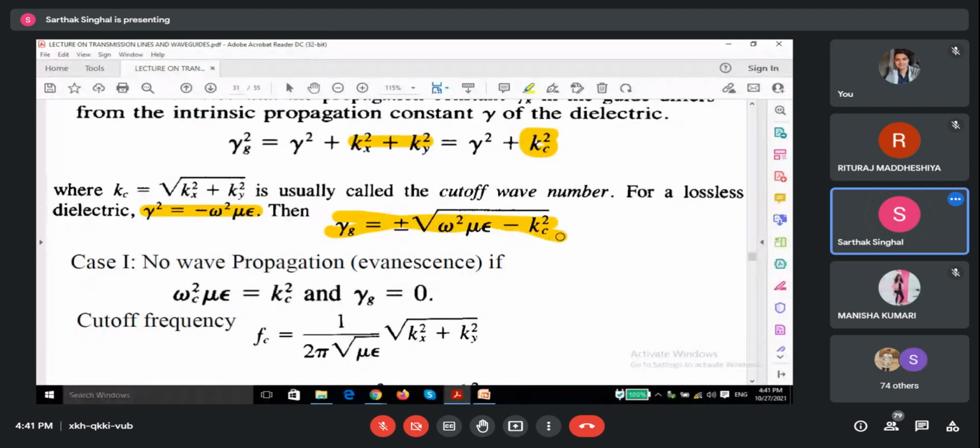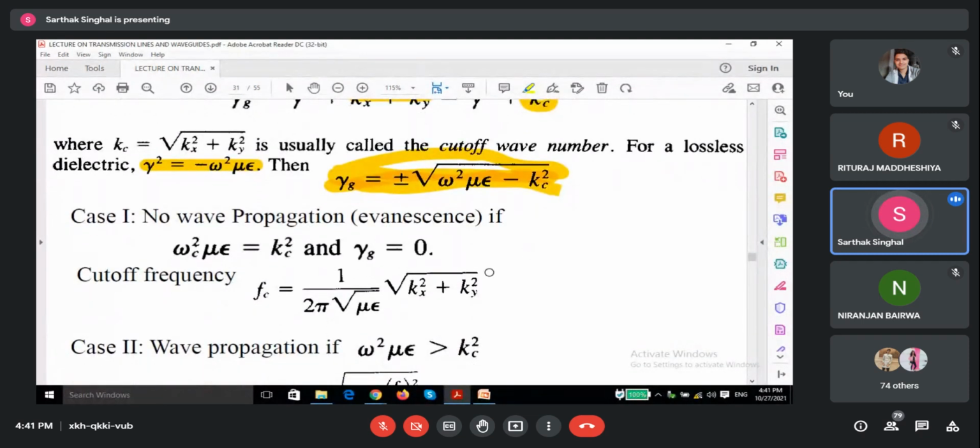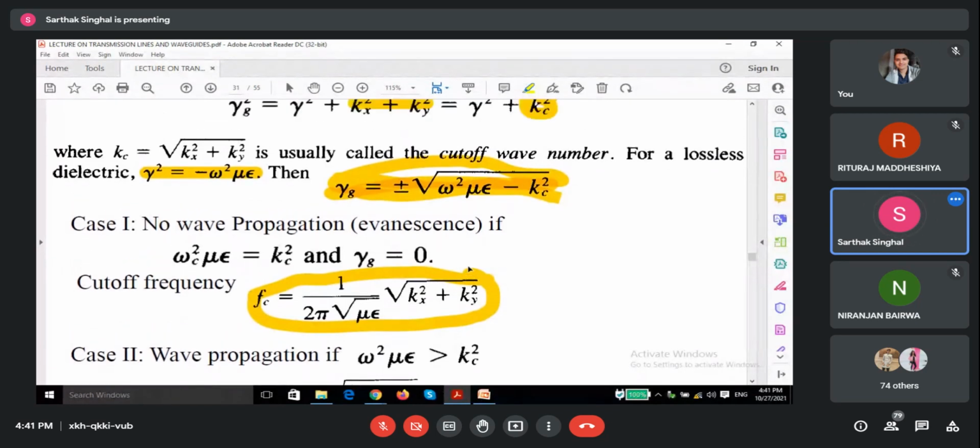So that will be possible only at a certain frequency. So what will be the value of this fc? And in which case will your gamma g be positive?